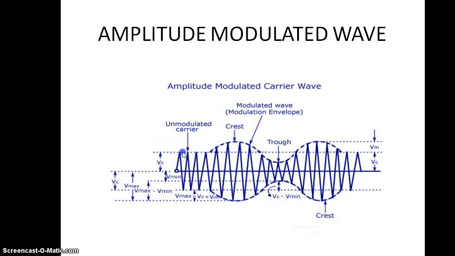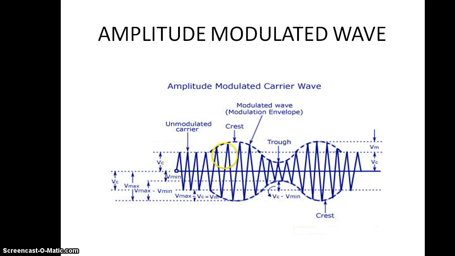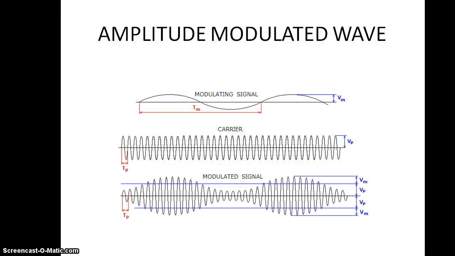So this is an unmodulated carrier, and we have crest and trough. Crest is the maximum amplitude point, trough is the minimum amplitude point, and along with this we have the carrier signal. So this Vc, V minimum, V max are very essential when we calculate the modulation index. So this is the amplitude modulated wave.